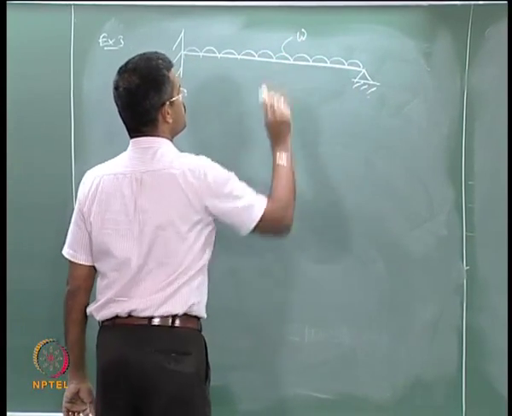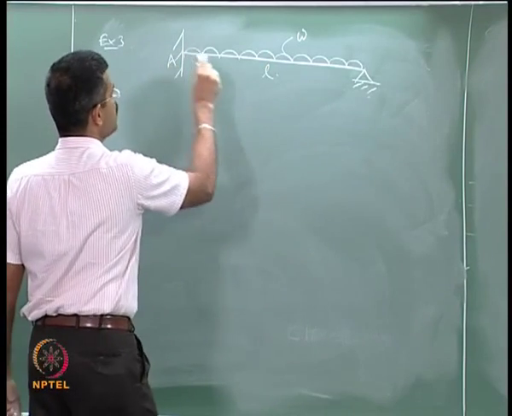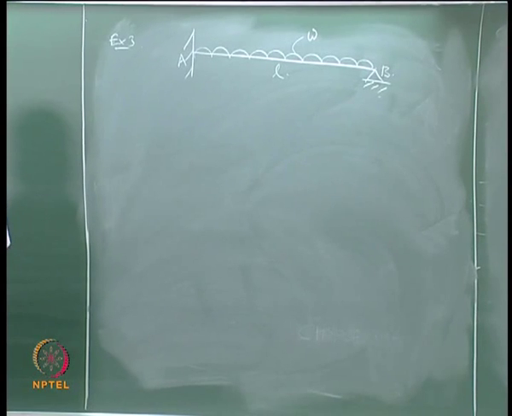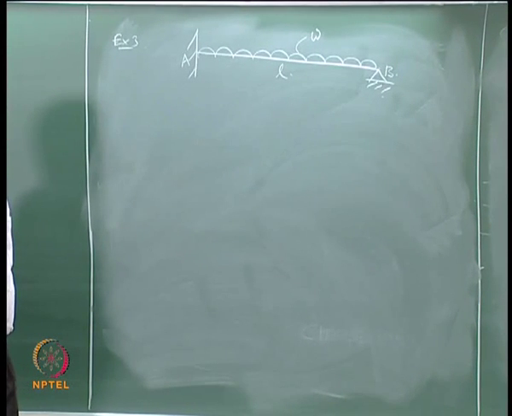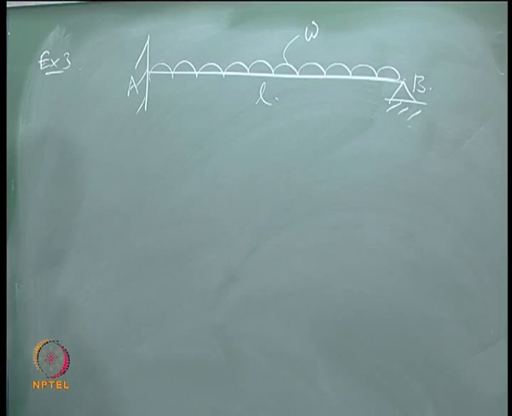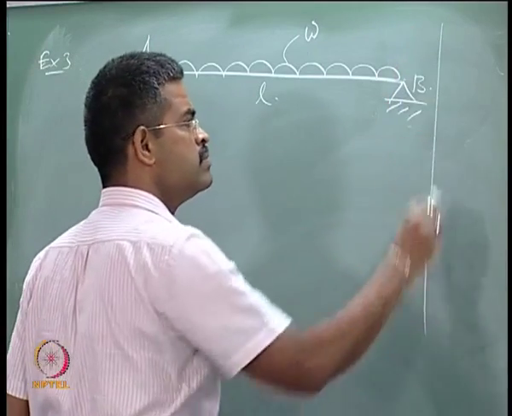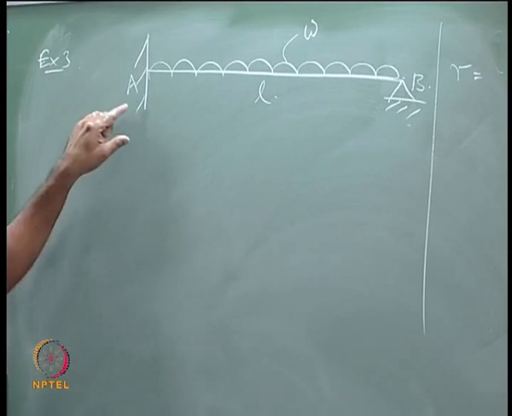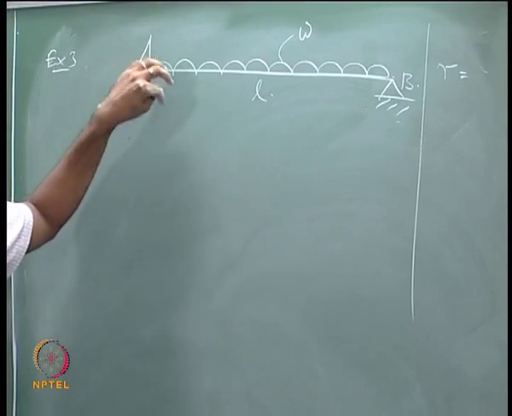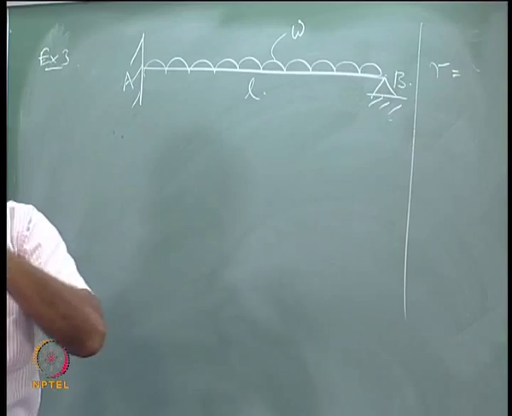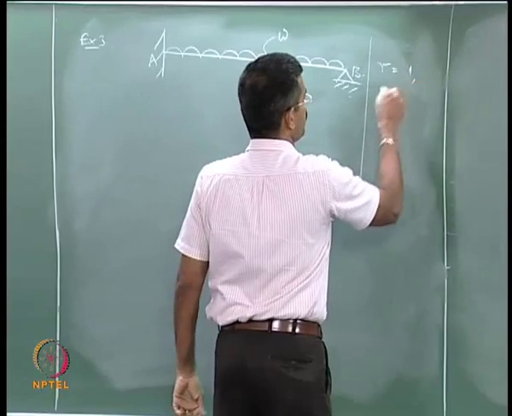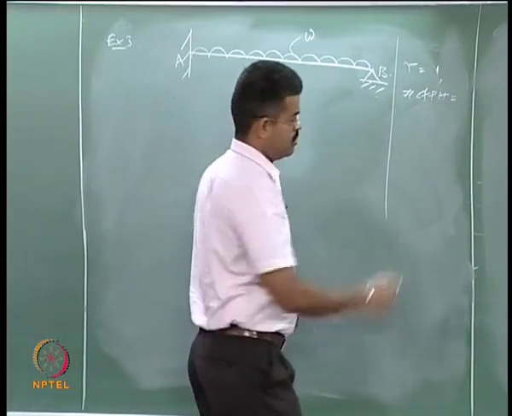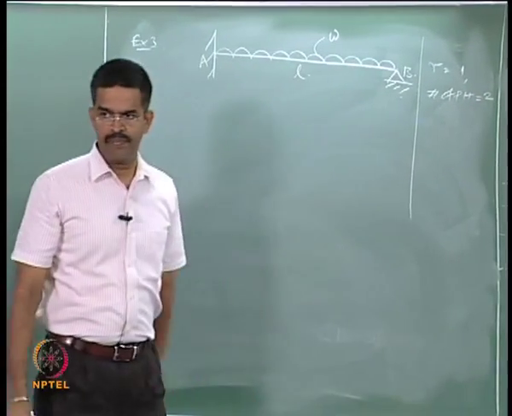This is W, A B. Now what is the degree of indeterminacy of this problem? There are two unknowns here, vertical and moment, one unknown here, vertical, 3 minus 2, so it is 1. So how many plastic hinges you need to make it a complete collapse? 2, to make it a mechanism.